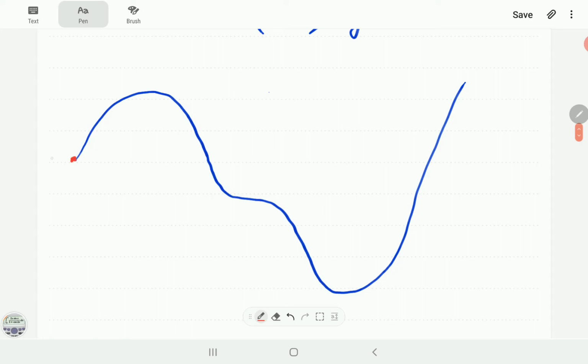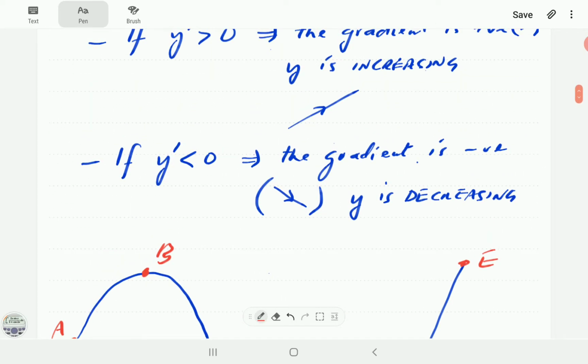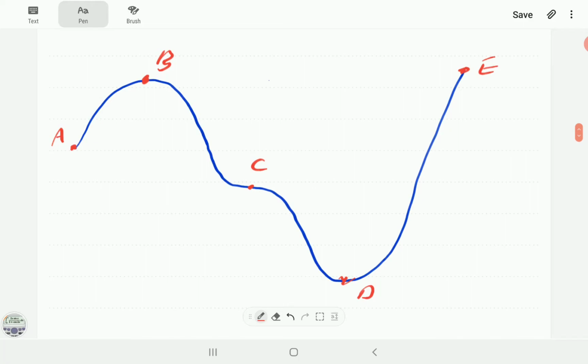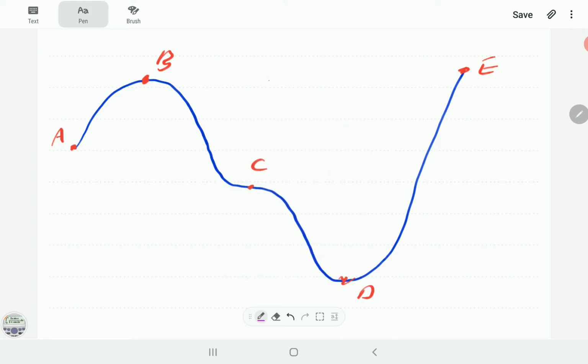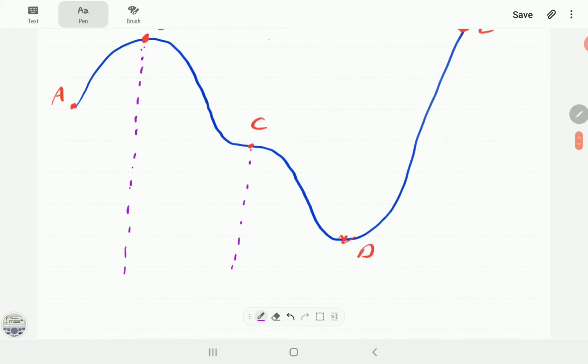Let this be point A, point B here, point C, point D, and point E. So just looking at this graph, from what we've said here, even if we don't know the equation of this graph, we can tell where the derivative of the function that produces this graph is going to be positive, and where the derivative is going to be negative.